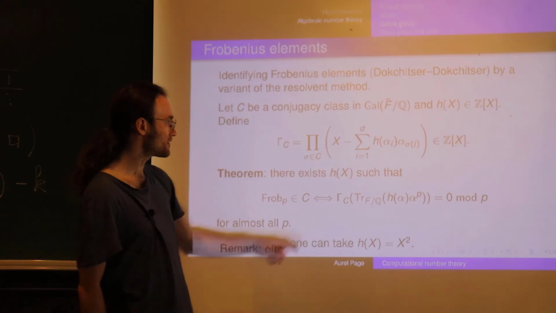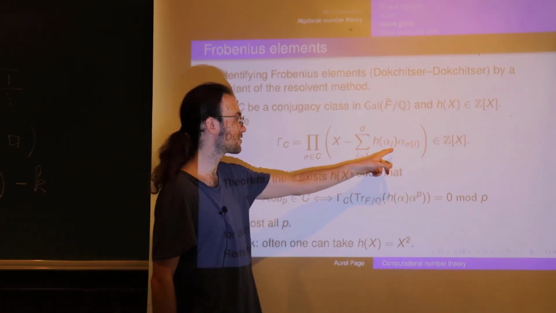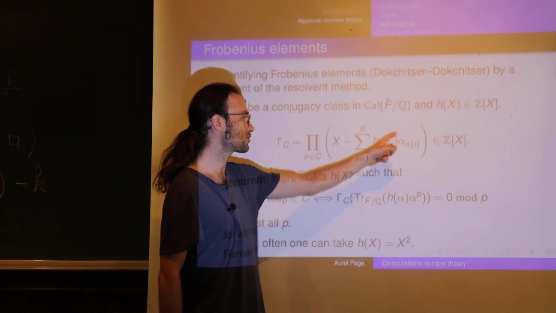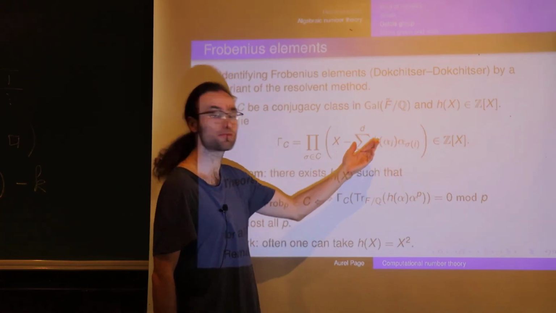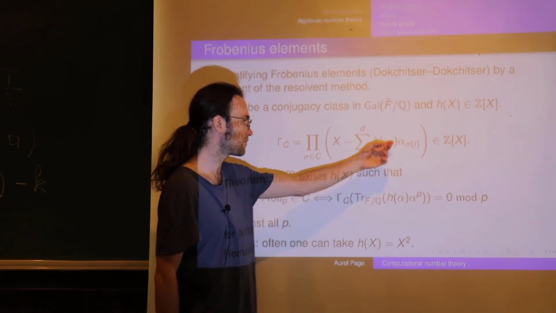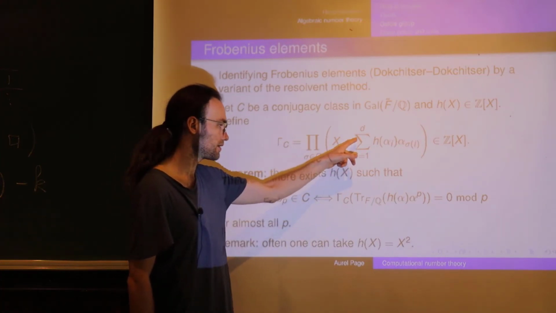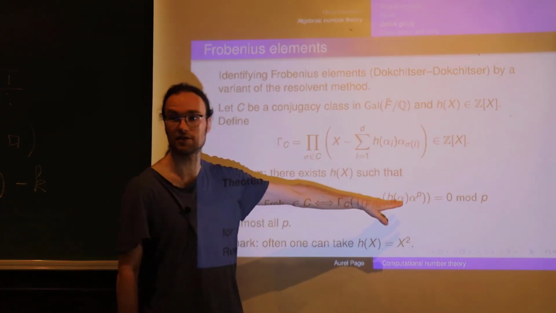And the point is just that if sigma is actually the Frobenius element, the permutation of the alphas gets replaced by the Frobenius element, so like the Frobenius automorphism of the residue field, so just raising to the power p, and this sum then becomes a trace, so you get exactly this.